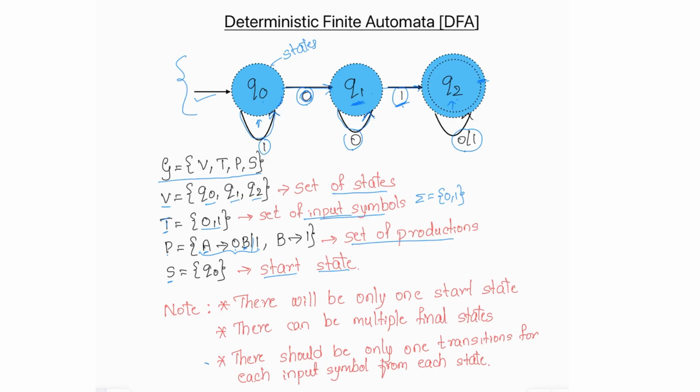Even for Q0 we have a self loop, for Q1 we have a self loop, and for Q2 also we have a self loop, and these loops carry one input symbol. For Q0 the input symbol for its self loop is 1. For Q1, 0 is the input symbol for its self loop. For Q2, both 0 and 1 are the input symbols for its self loop.